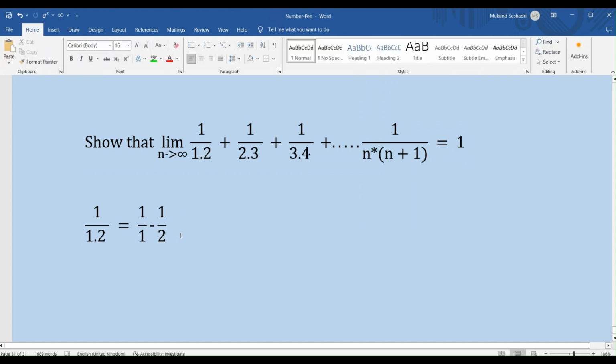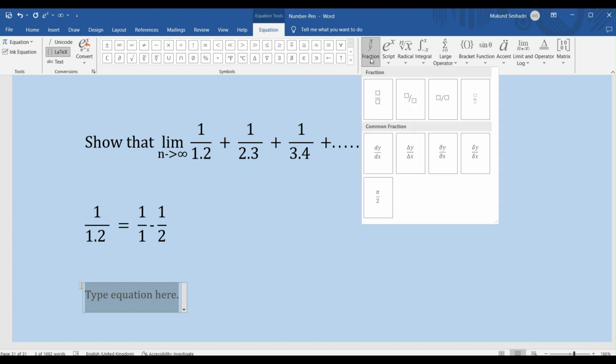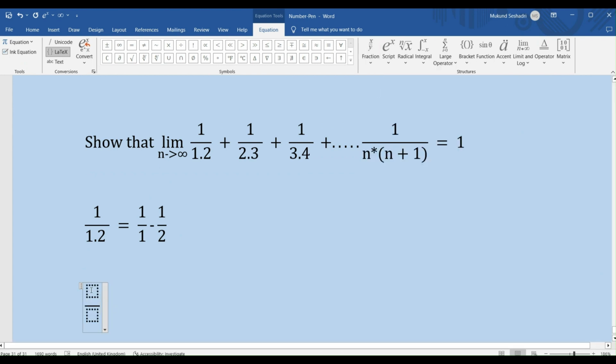So this is our first term of this series. Now let's look at the second and third terms. What is 1 divided by 2 into 3? It's nothing but 1 by 2 minus 1 by 3.